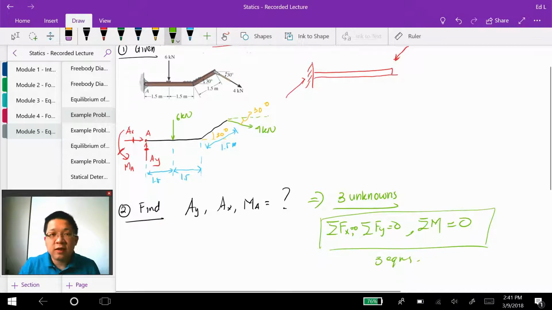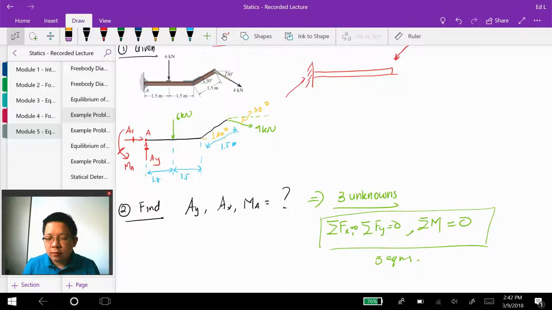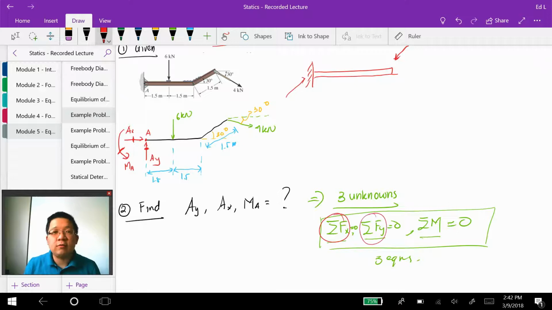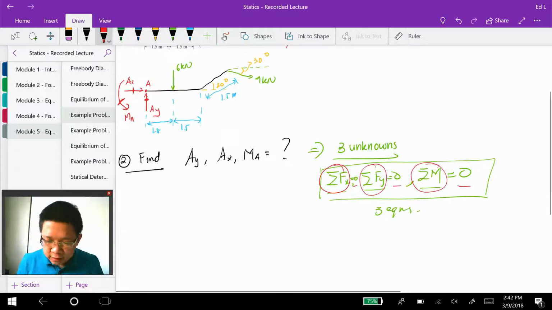The challenge is whether we can write the sum of the forces in X, in Y, and the sum of the moments. This is the reason why we put this module after modules 1, 2, 3, and 4, because in module 2 we learned how to write sum of forces in X and Y, and in module 4 we learned how to write sum of moments. Then the matter in here is just to set it equal to 0. Then let's start the analysis.